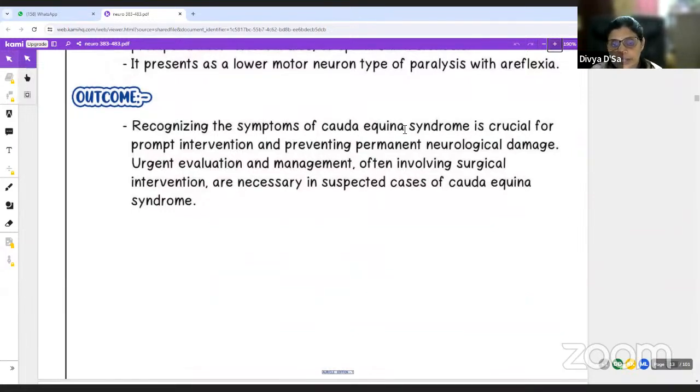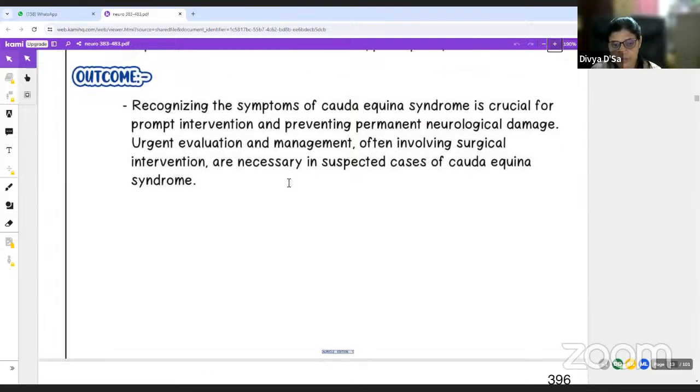Okay, so recognizing the symptoms of cauda equina syndrome is very crucial. Why? For prompt intervention and preventing permanent neurological damage. So urgent evaluation and management, involving surgical intervention, are necessary in suspected cases of cauda equina syndrome.